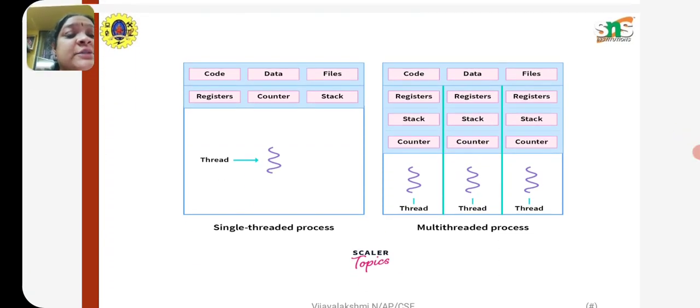So here is the difference between single thread and multi-thread. The left side is meant for single thread and the right side is meant for multiple threads.